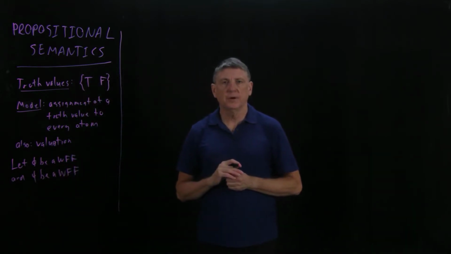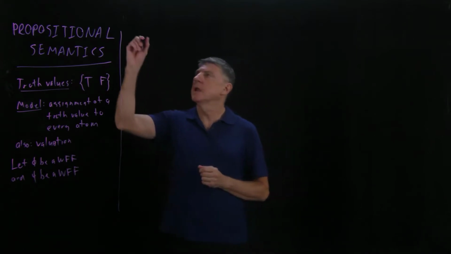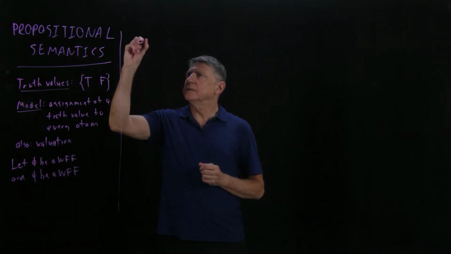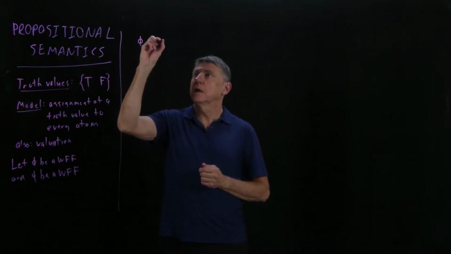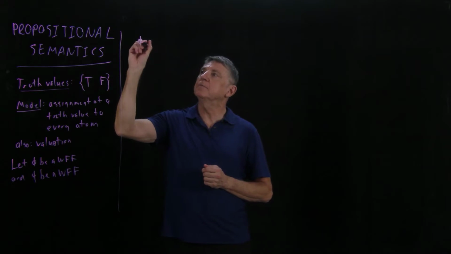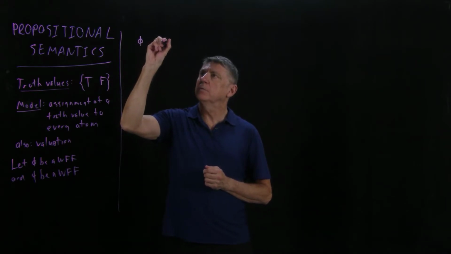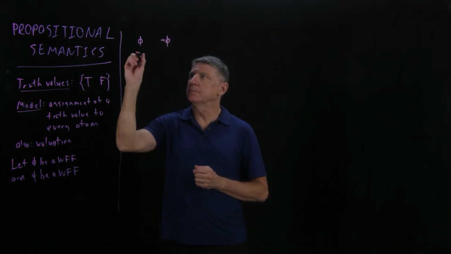The first operator that we considered was negation. In this case, negation has only one operand, which is a formula. And what we do is we write the formula, and then we write negation of the formula.